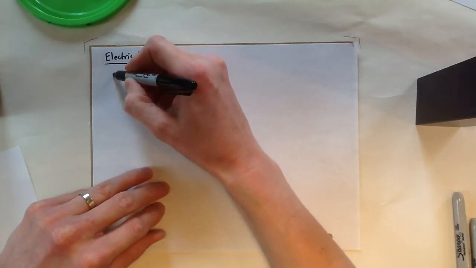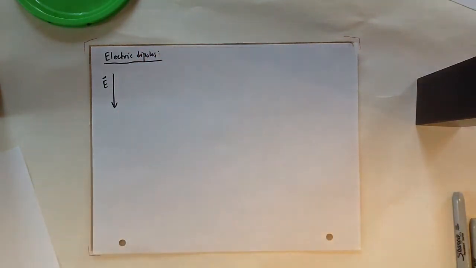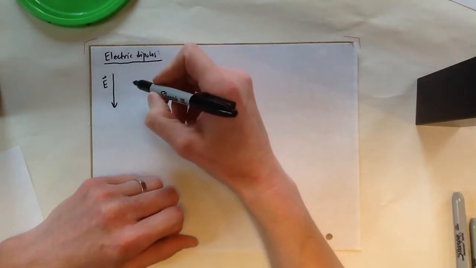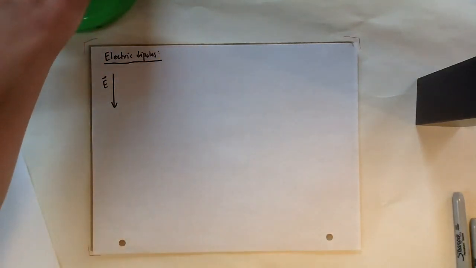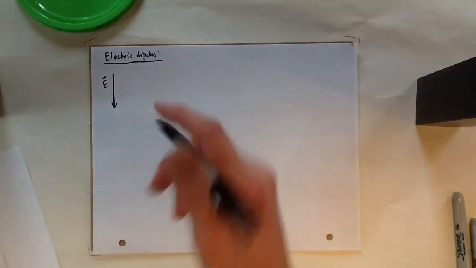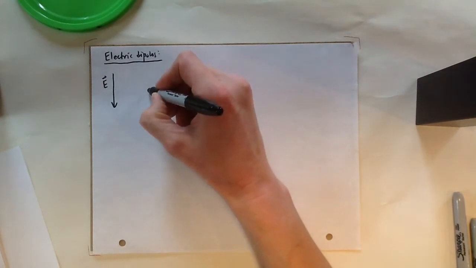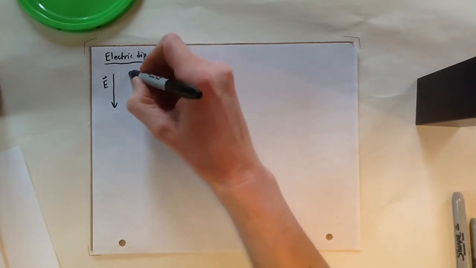Now, let me show you. Let's say I have an electric field. Now, let me suppose that I have a dipole in this situation. Let's say I have a plus charge here and a minus charge like this.